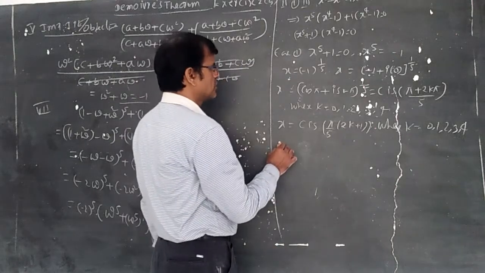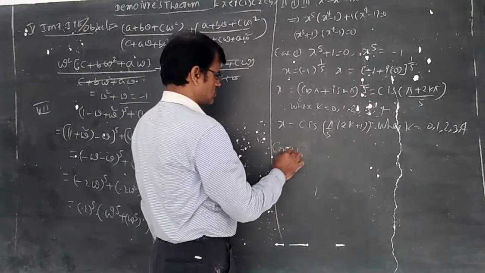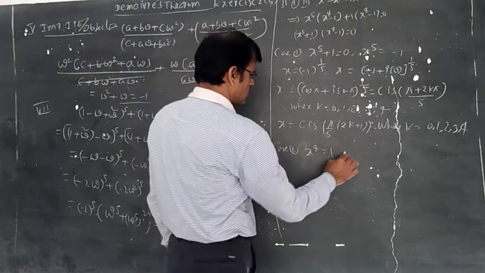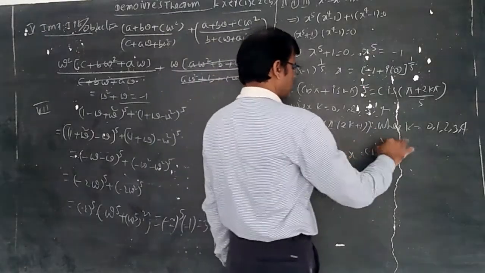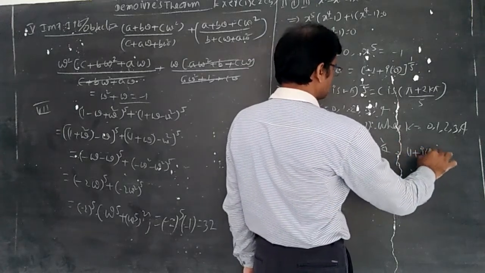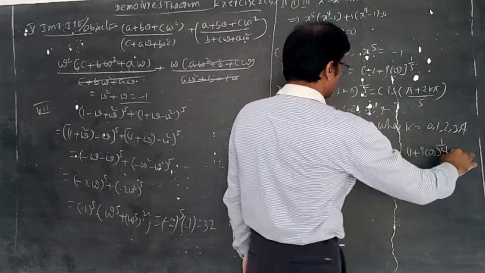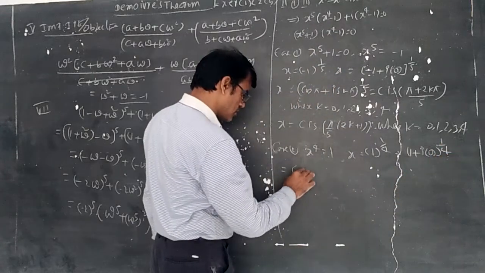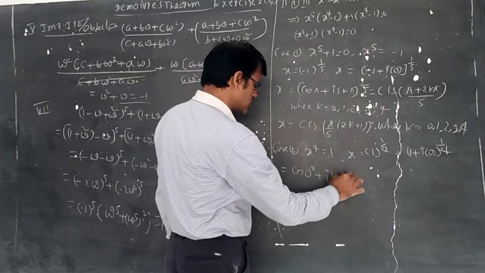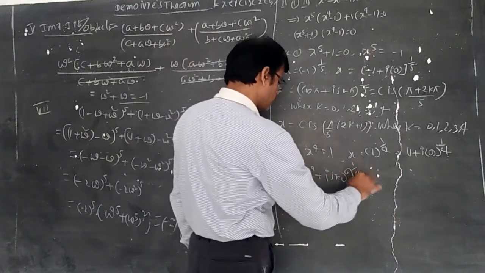Now, case 2. Case 2, x power 4 is equal to 1. So x is equal to 1 power 1 by 4. This can be written as 1 plus i into 0 whole power 1 by 4. So that is equal to cos 0 degrees plus i sin 0 degrees whole power 1 by 4.